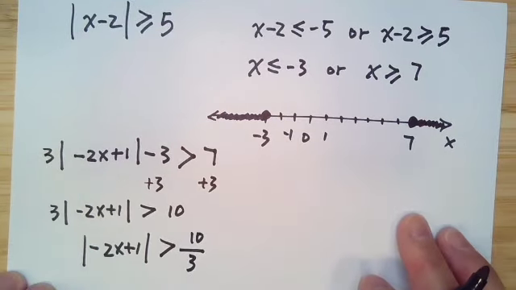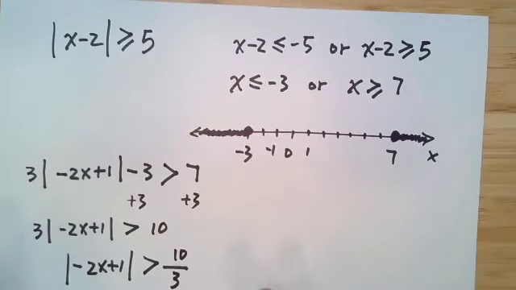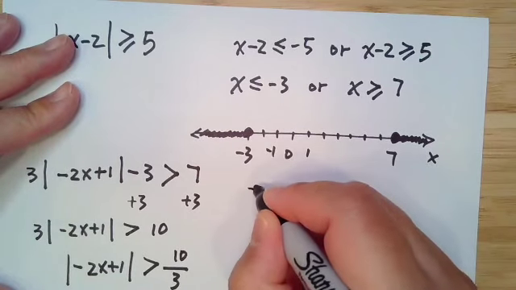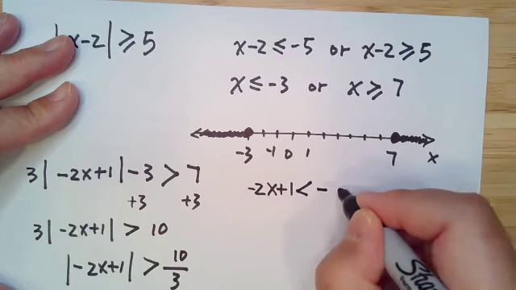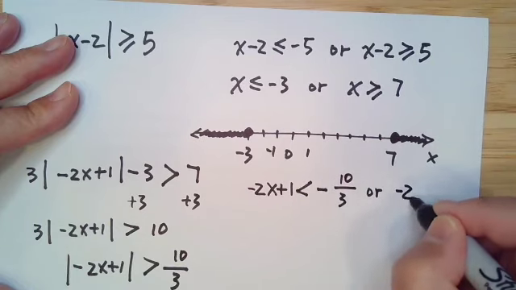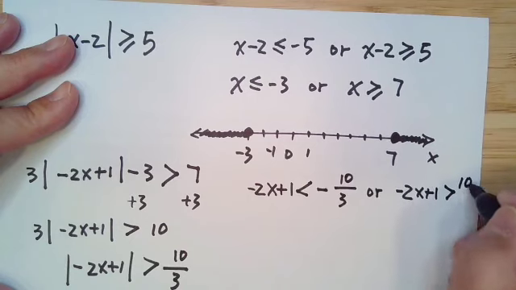Now this one looks similar to that one. So we have absolute value greater than, this is a positive number, therefore I have negative 2x plus 1 less than negative 10 over 3, or negative 2x plus 1 greater than positive 10 over 3.